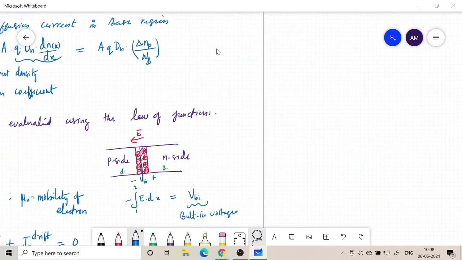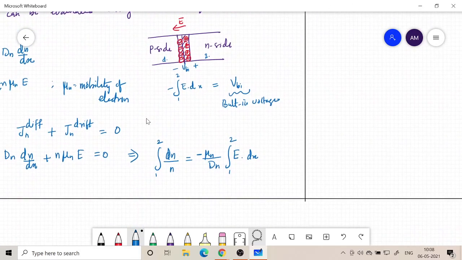So therefore the built-in potential, that is my VBI, is going to be equal to, so I collect all other terms to the other side, so then it will become Dn by μn, and we have an integral there which is 1 by n dn.